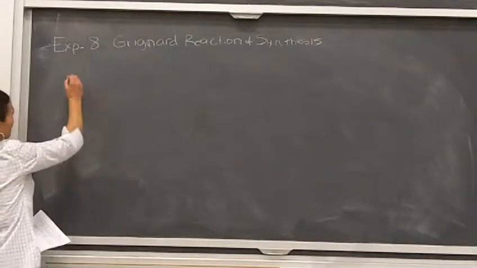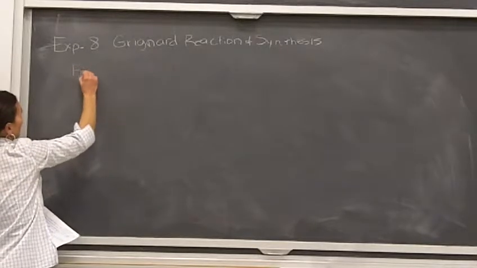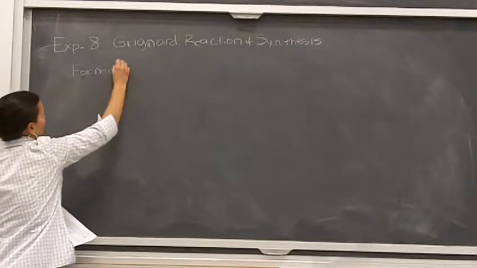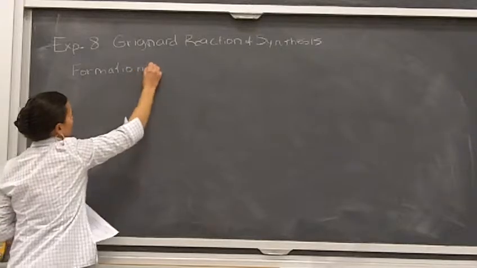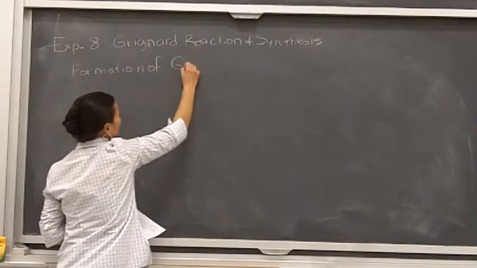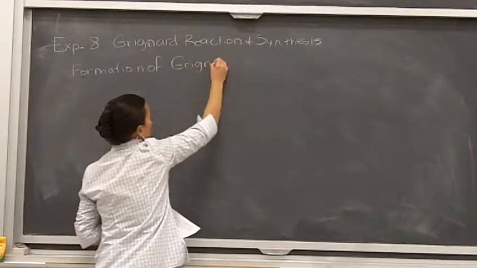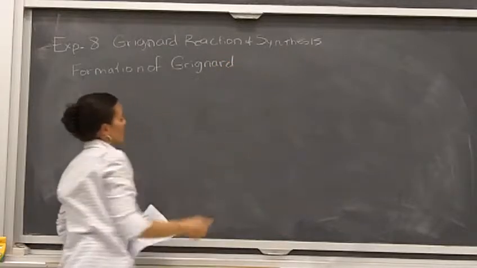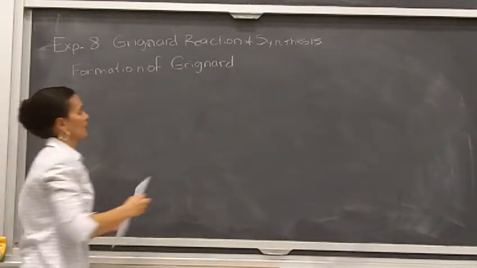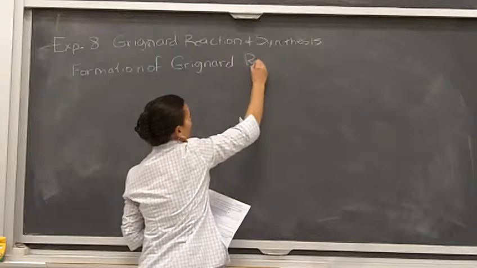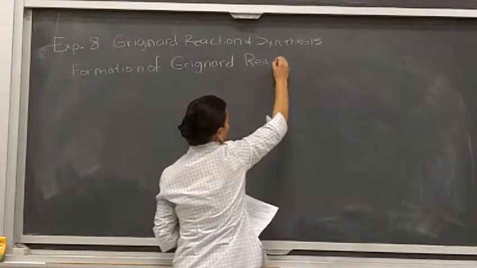And so the first step is we need to form our Grignard reagent, okay? So there's kind of two pieces to this experiment this week. We need to make our Grignard reagent, and then we'll use it to go on and do our Grignard synthesis.